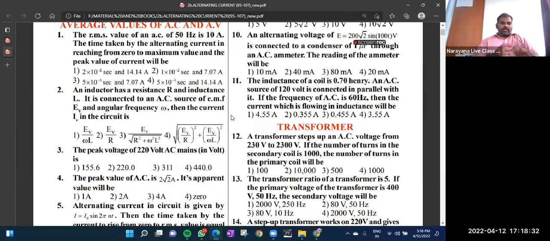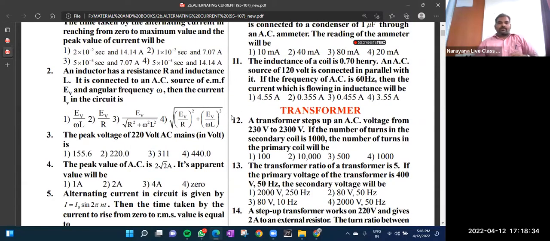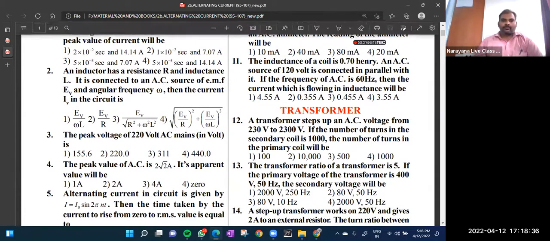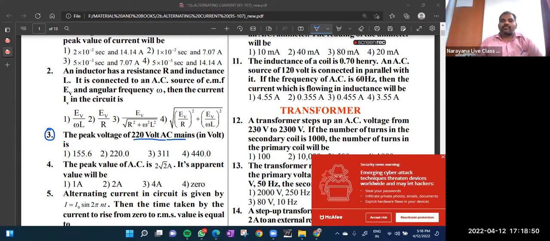Okay, students. Here are a few questions visible now. Question number 3. The peak voltage of 220 volt AC mains is how much? It says AC mains.